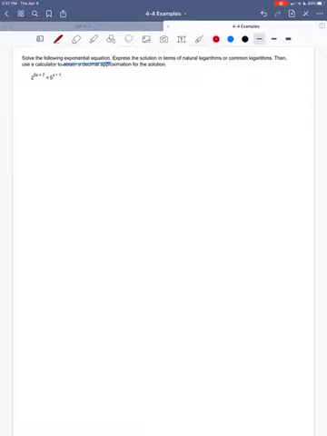So that's the ln. So ln of 2 to the 5x plus 7 equals ln of 5 to the x minus 1. And now what I can do is bring these powers down in front.